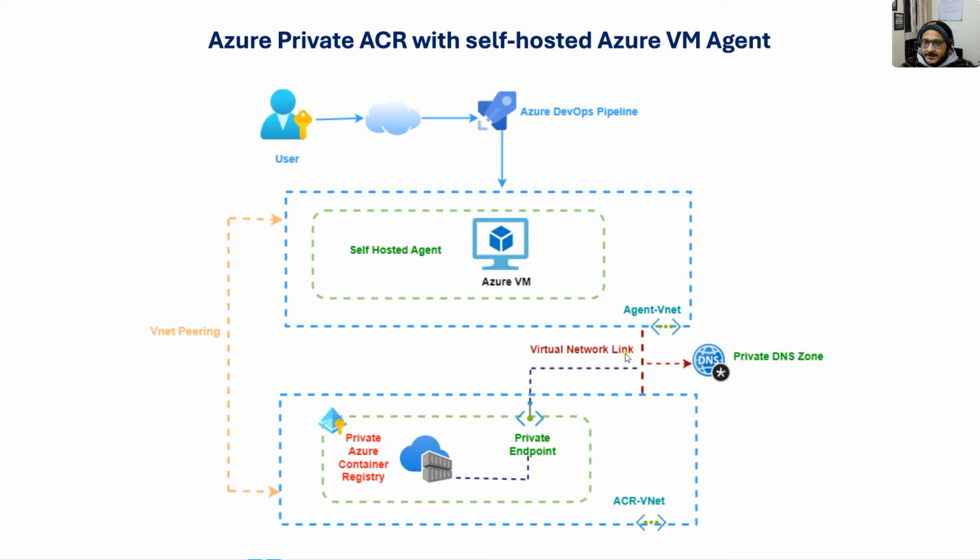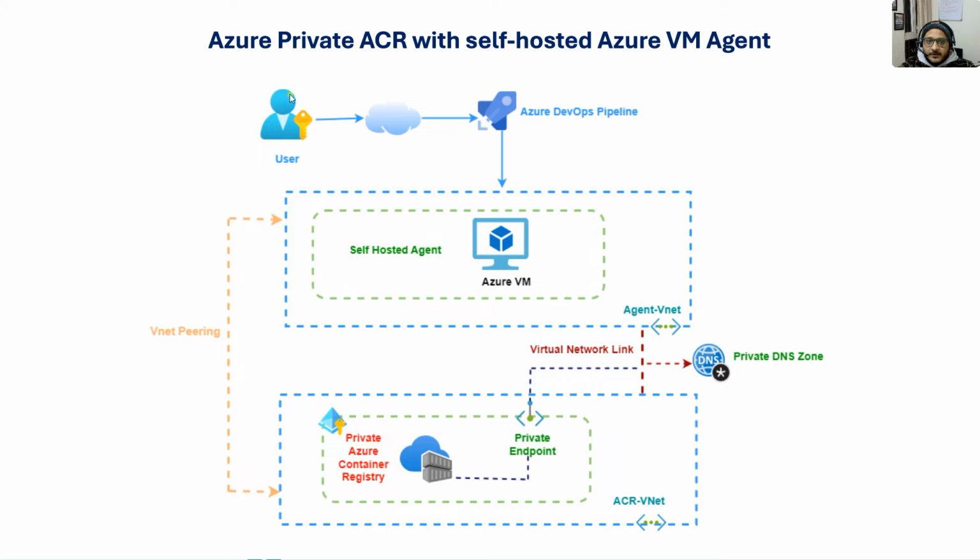One will be created automatically whenever you create a private endpoint for this private ACR, and the other one you have to create manually, from this virtual network to the private DNS zone. So the VM, the build agent, can communicate with this private endpoint and easily push our Docker image to this private ACR. This is the overview architecture of this video, or private ACR we can say.